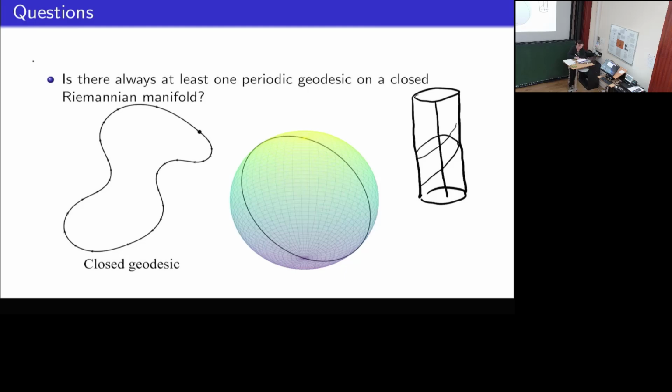And there will also be closed geodesics that look like this. Now, if we are somewhere on a hyperboloid, this is not a simply connected manifold, of course, it's also not closed, and there will be no periodic geodesics or something like this. So this is something that's good to keep in mind.